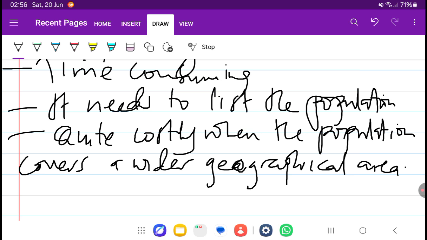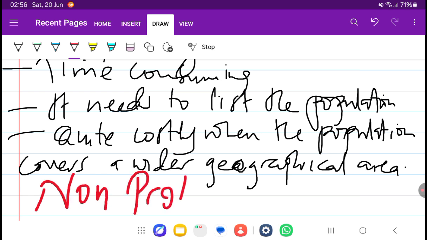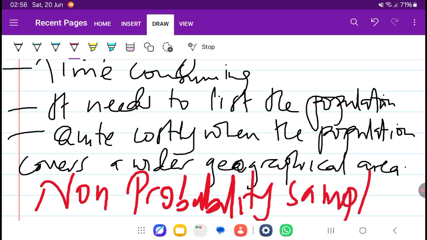So those are some of the advantages and disadvantages of probabilistic sampling. What we are going to look at in the next video is non-probability sampling.